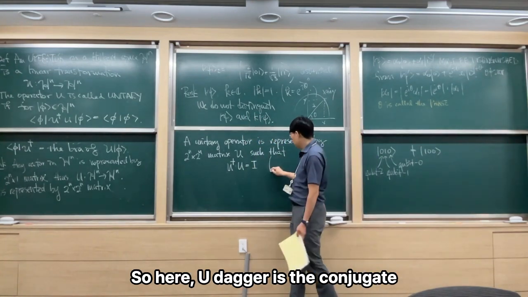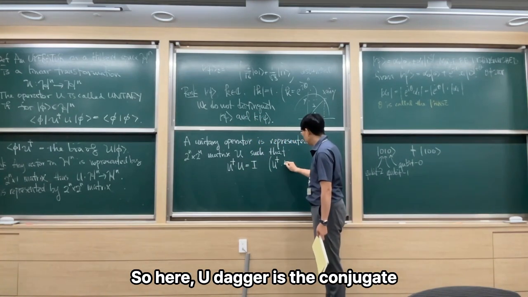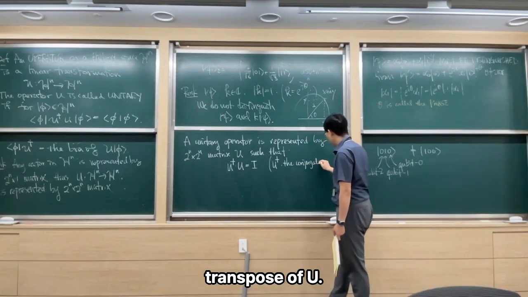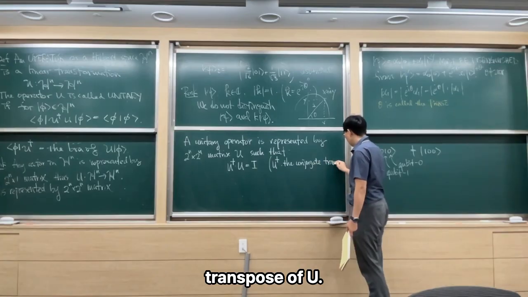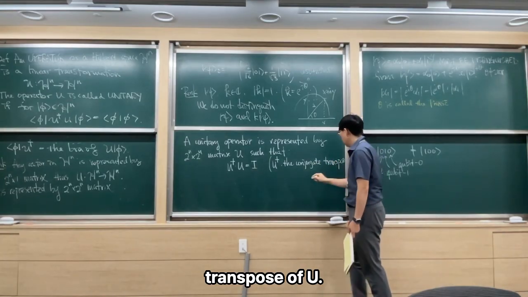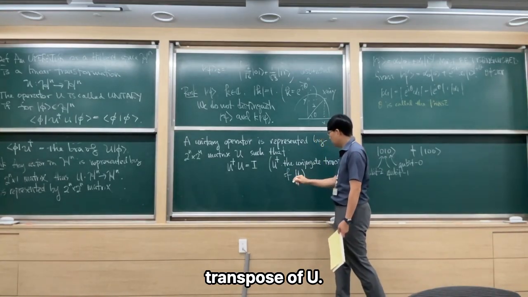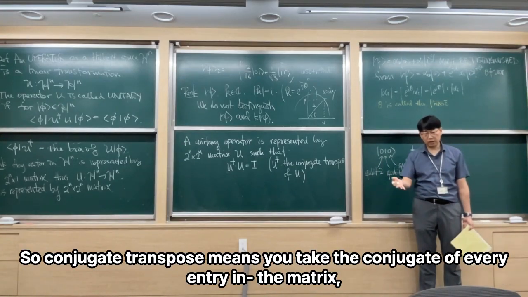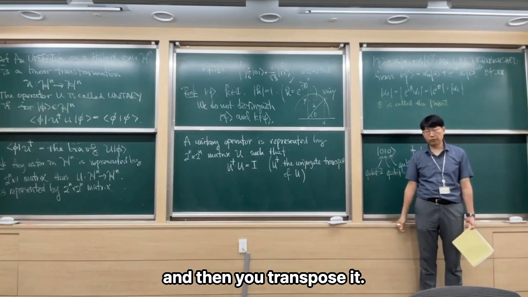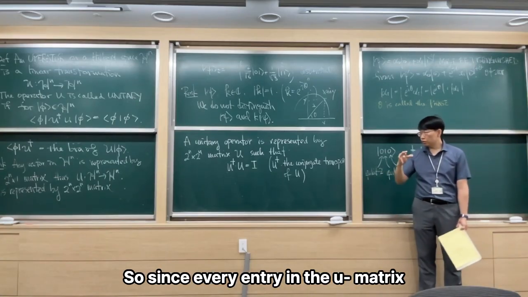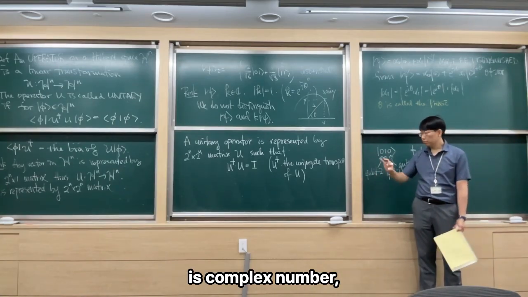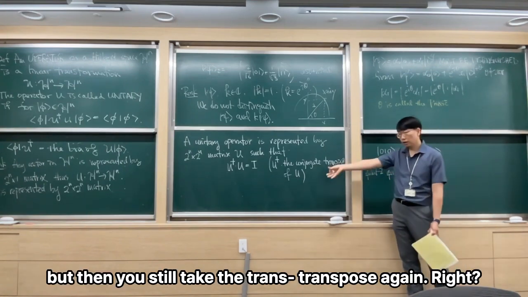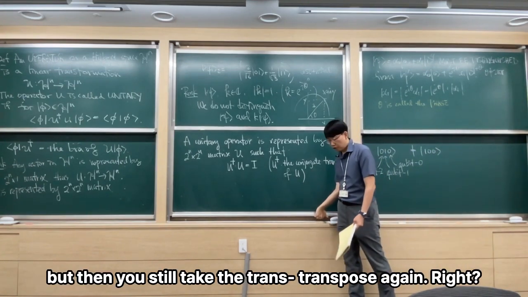Here U dagger is the conjugate transpose of U. Conjugate transpose means you take the conjugate of every entry in the matrix and then you transpose it. Since every entry in the matrix is a complex number, you can take the conjugate, you get a different matrix, but then you take the transpose again.